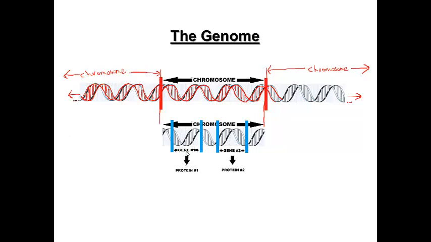It's a little bit small, but this is gene number 1 and protein number 1, and here we have gene number 2 ultimately giving rise to protein number 2. And then these different proteins are going to be responsible for different traits, etc.